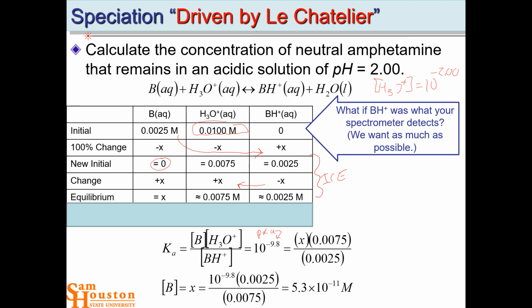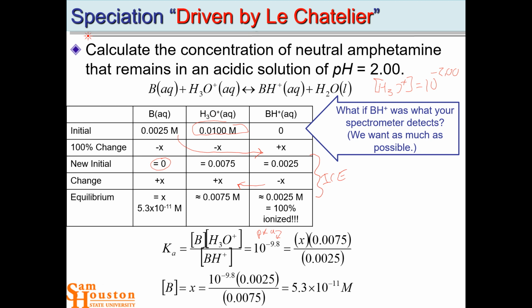Okay. So what's the percent ionization? We started with 0.0025 moles per liter of base. We now have 0.0025 moles per liter of the ionized form. And so it's 100% ionized. And that's what we want if that's what we're trying to analyze.